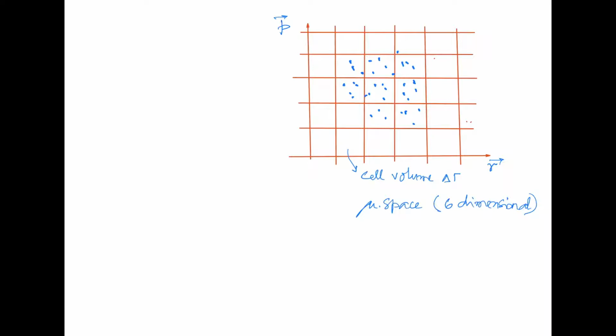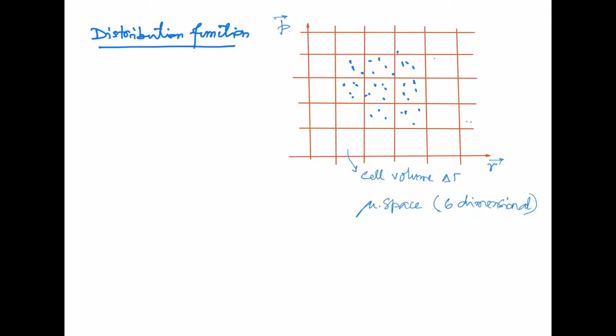Let's talk about the distribution function for a system of particles. Remember that we are interested in the statistical properties of the atomic system or system of particles rather than the behavior of the individual atoms.